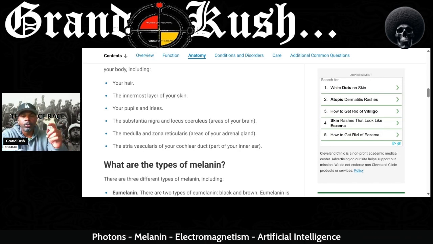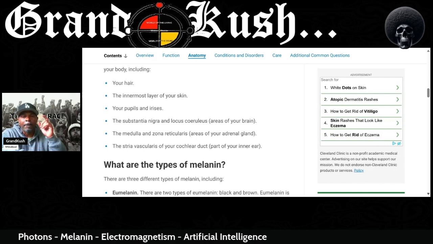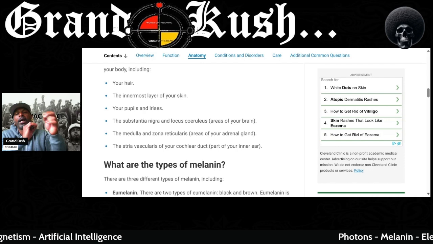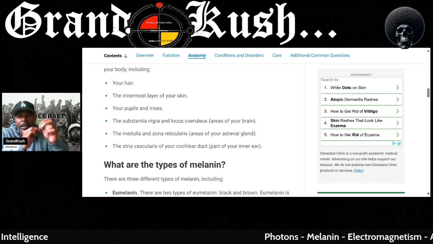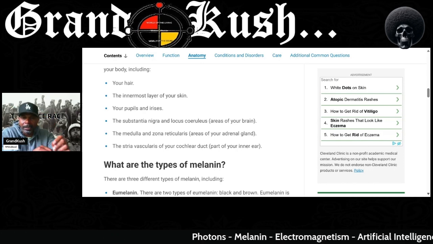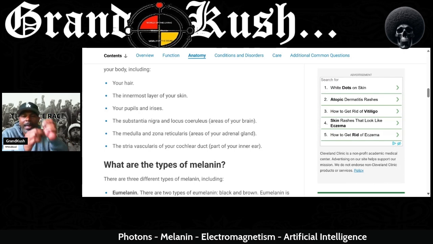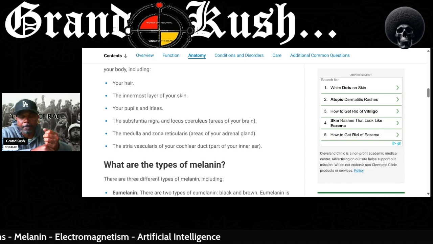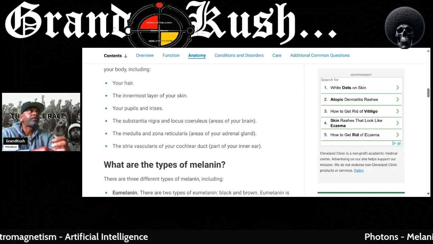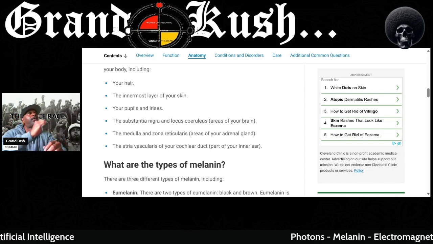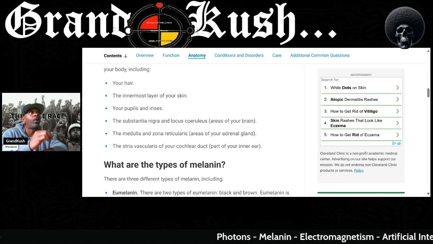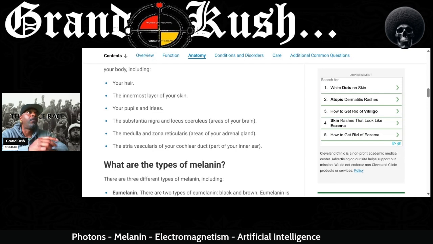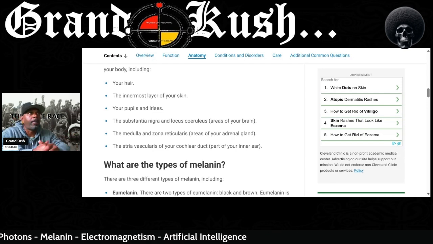Your pupils, eumelanin, are black for a reason, because of the photon interaction, the photonic interaction, and the absorbing of light as well. Okay. The substantia nigra and the locus coeruleus, areas of your brain.